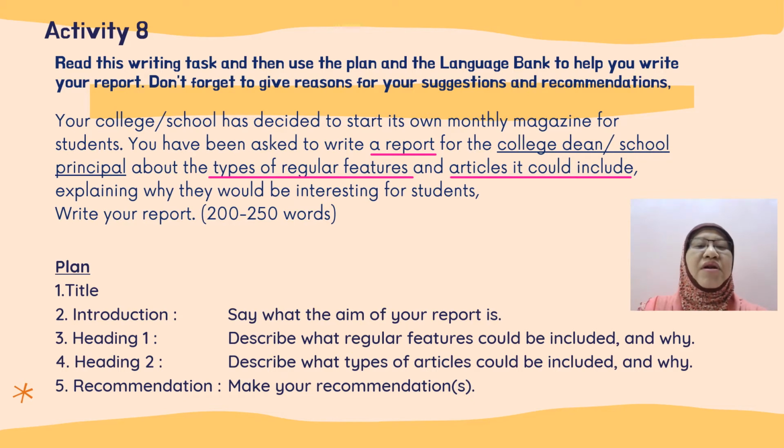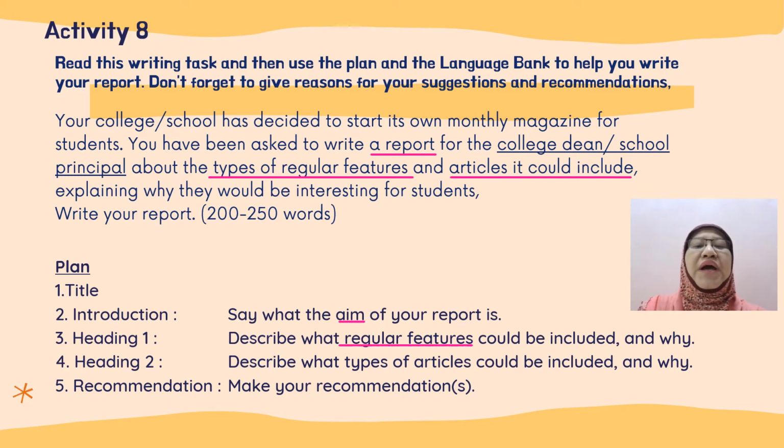Now plan your report. First, you need to write the title. Next, a paragraph of introduction and state your aim or purpose of the report. On the other hand, you can write a heading for each content paragraph. Here, your content 1 is to describe what regular features could be included and why.